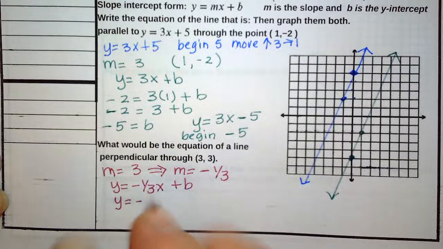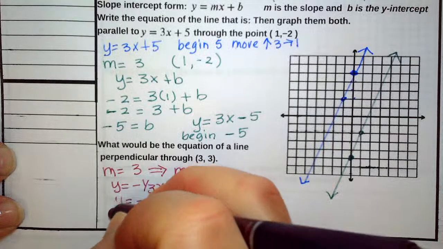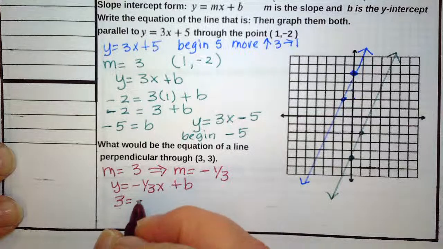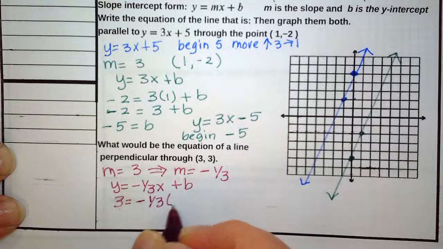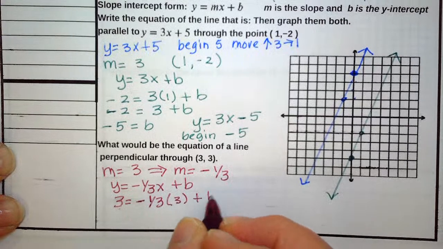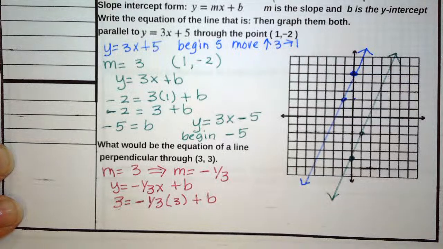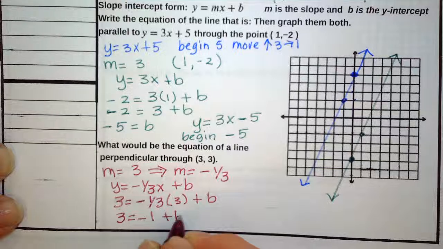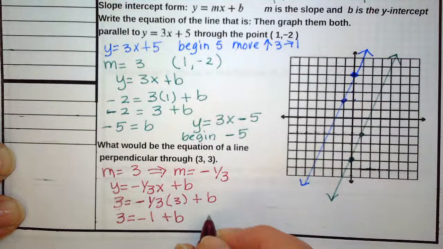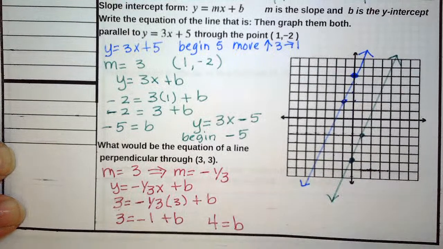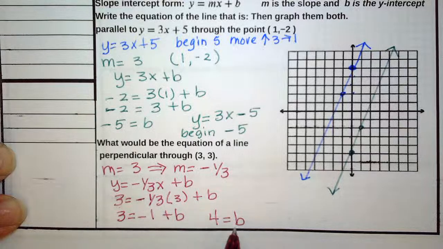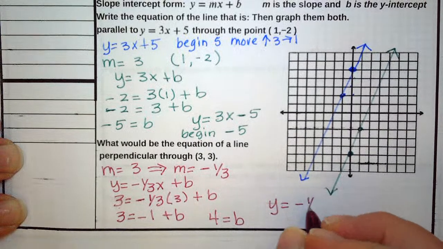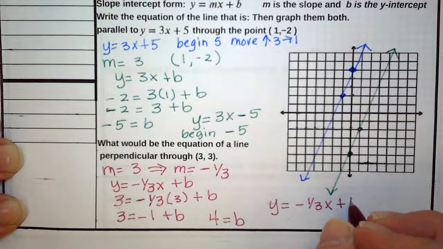Y equals, 3 equals, I need to substitute that in for y. 3 equals negative 1/3 times 3 plus b. 3 equals negative 1 plus b. Add 1 to both sides. 4 equals b. So my equation, I substitute this back up here. Y equals negative 1/3 x plus 4.